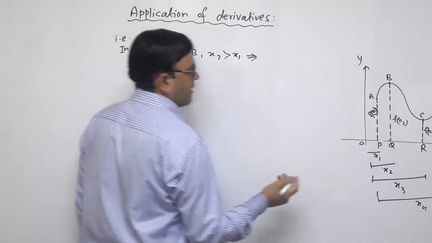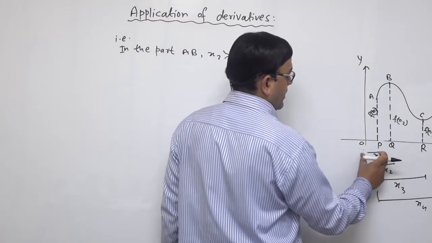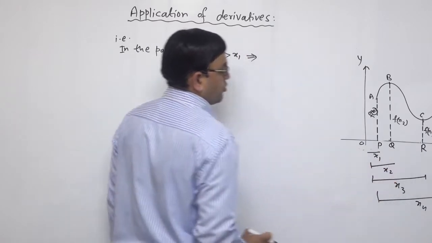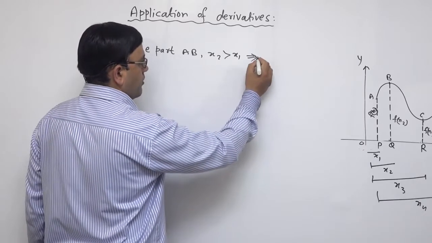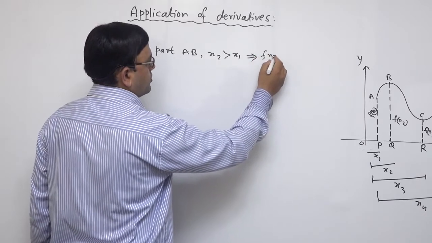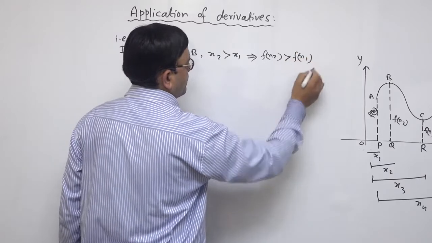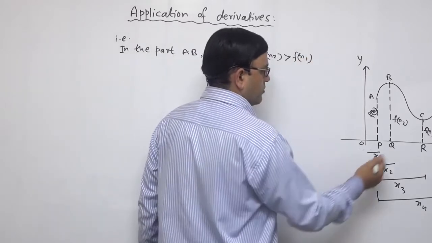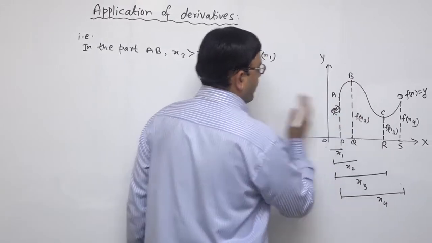Look, in the part of AB our x1 is small, x2 is big. So x2 is greater than x1, which gives fx2 is also greater than fx1. Look, fx2, that is the line QB, is greater than PA.